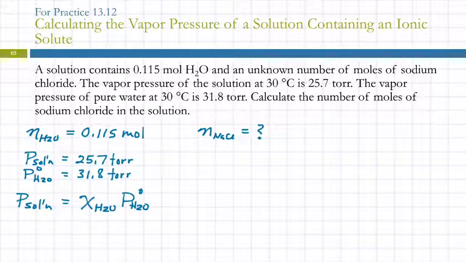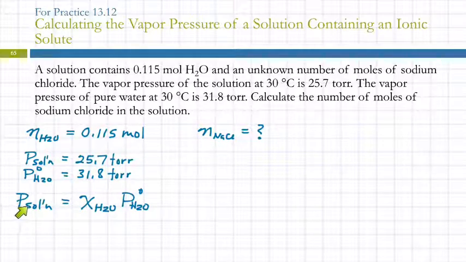Everybody okay with that? If it's pure water, the mole fraction of water would be 1. And then the pressure of this thing would equal the pressure of pure water. The less water is present, the more solute is present, the lower the vapor pressure from the water is.